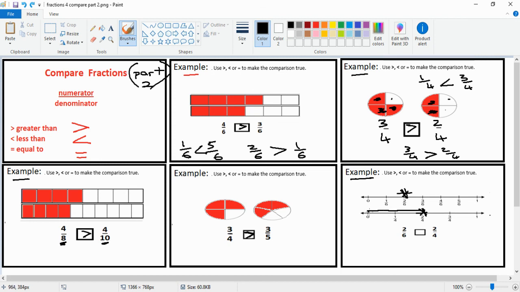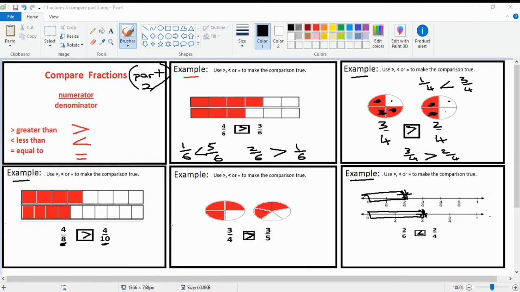So we can see here as well that this is greater than this. How we'll actually read that is 2/6 is less than 2/4. Somewhat confusing there, but sure, pause, rewatch, and give it a go. Good luck.